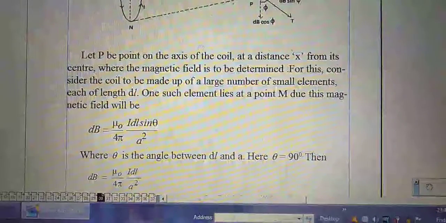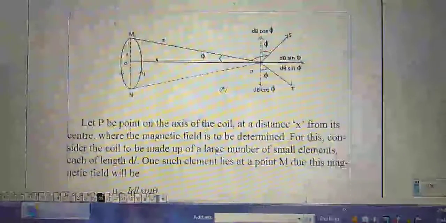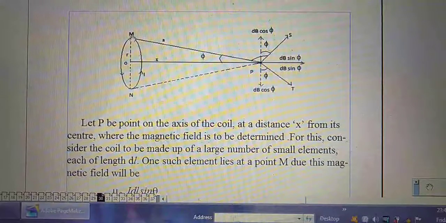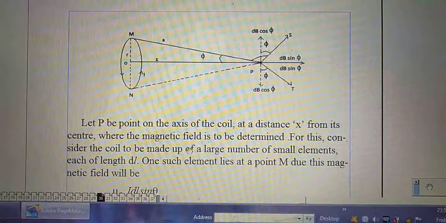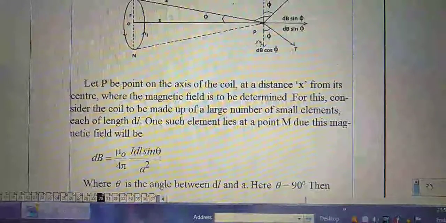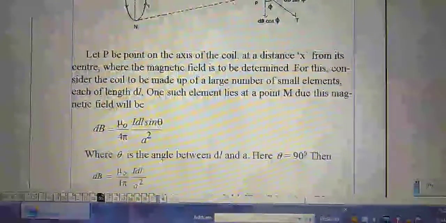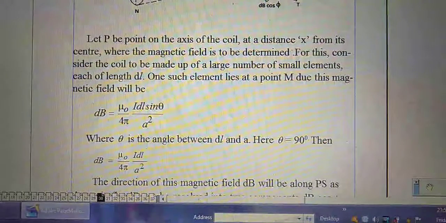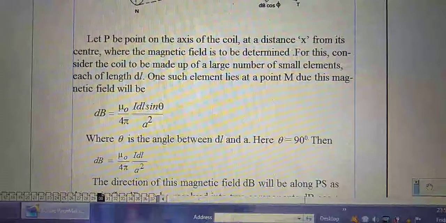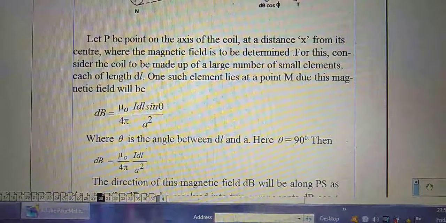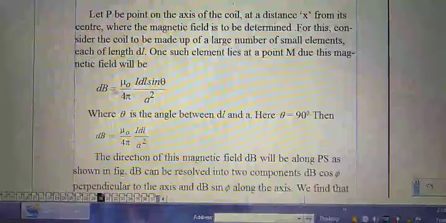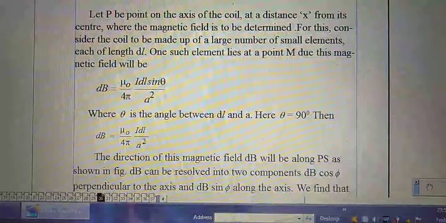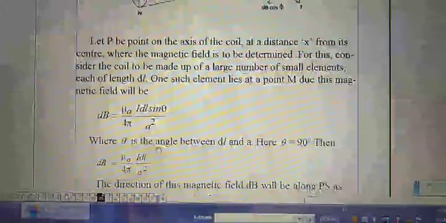So here is the diagram. The magnetic field is along the x-axis, and this is the position we consider, P. We have to find the magnetic field at P. As per Biot-Savart law, we consider a small part dB. For this small part, the magnetic field is dB equal to mu naught by 4 pi, I dl sin theta by the distance squared, which is S square.